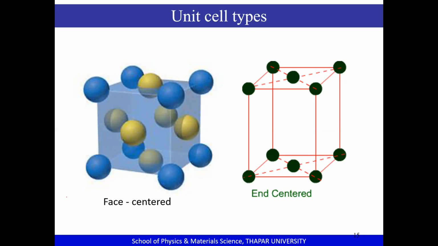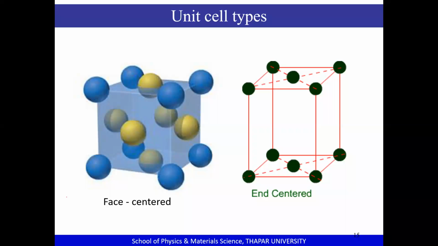So again, the total contribution of the corners is equal to 1 lattice point, while every face of a cube is shared between 2 adjacent unit cells. This is something like a wall that belongs to 2 adjacent rooms. So the face lattice point's contribution to the given unit cell will be only half of the total. So every face-centered lattice point contributes 1/2.